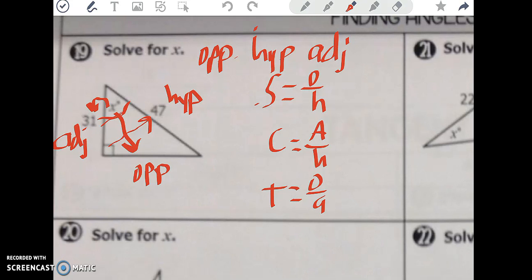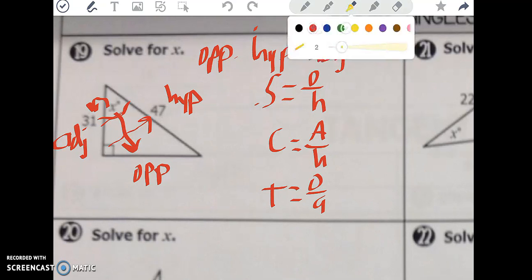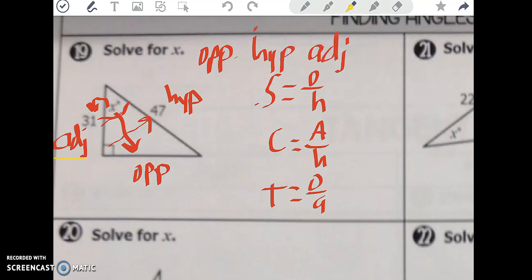So in this particular problem, you take a look and see what it is that we have. You'll notice dealing with the angle, we have the adjacent and we have the hypotenuse. So which of these three, sine, cosine, tangent, do we use?